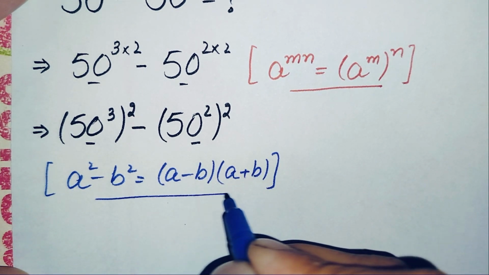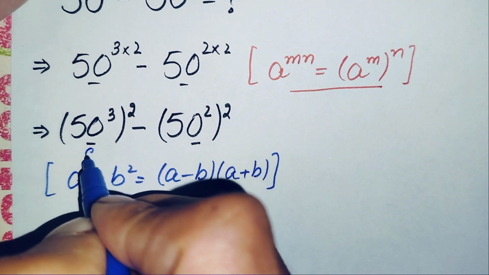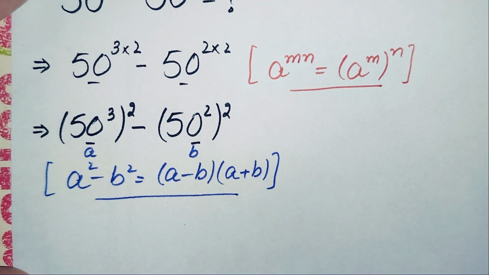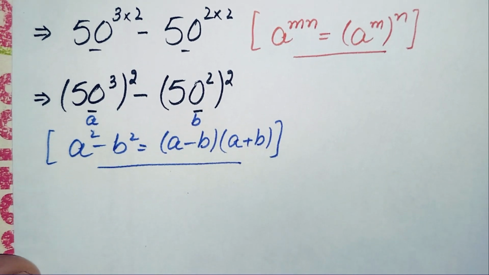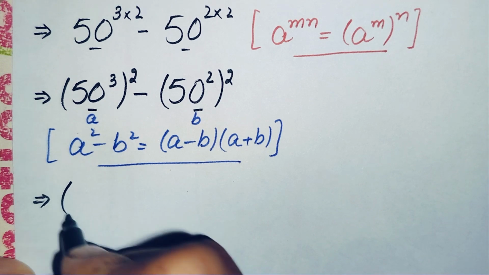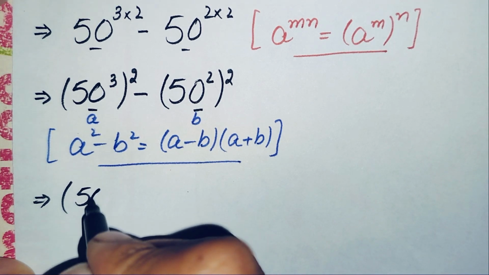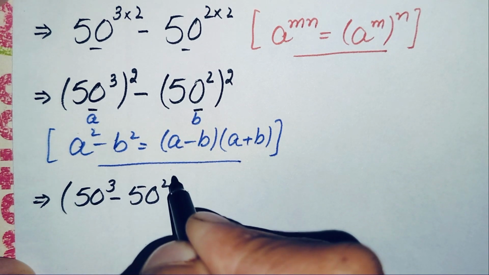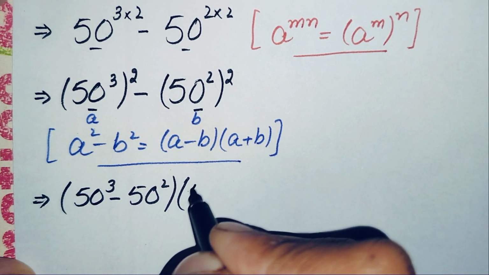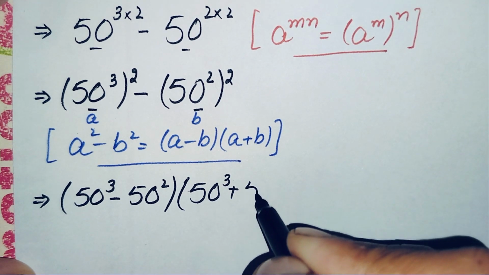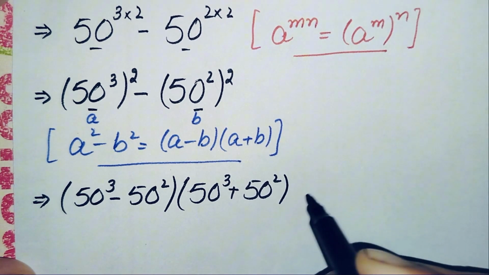Now using this algebraic identity, a is 50 cube and b is 50 square. So this equation will become a minus b, so a is 50 cube minus b is 50 square, times a plus b, where a is 50 cube plus b is 50 square.